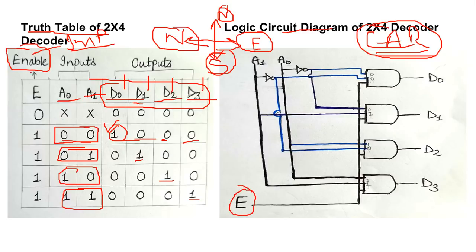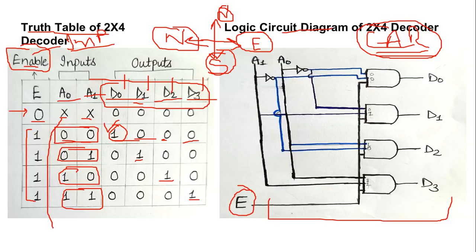Enable, as the name specifies, means working, something which is in working format. So the idea is, if the value of enable is equal to 1, it means my circuit will operate and provide me the output depending upon its characteristics, like how the decoder works, the functionality of a decoder. But if this enable is 0, then whatever you are doing, it is a don't care condition here. These crosses, you are very well aware of these crosses.